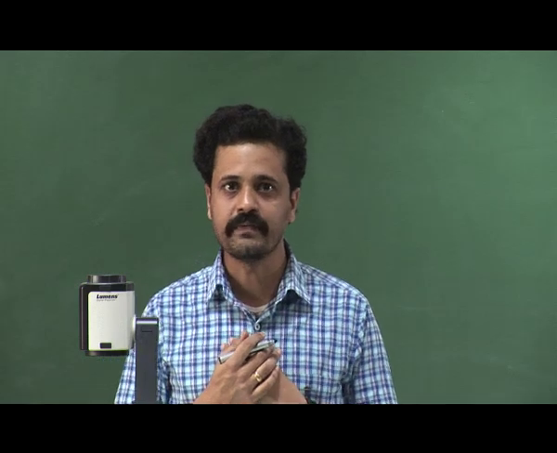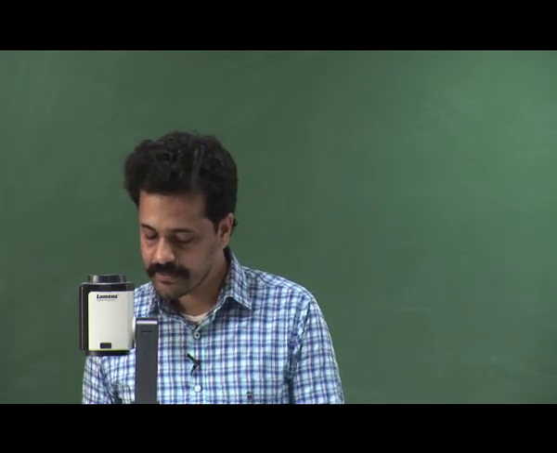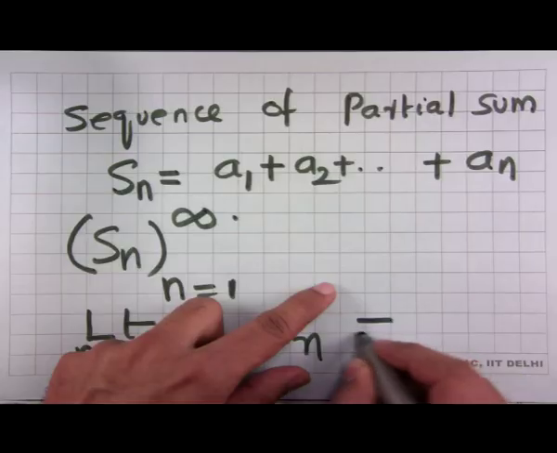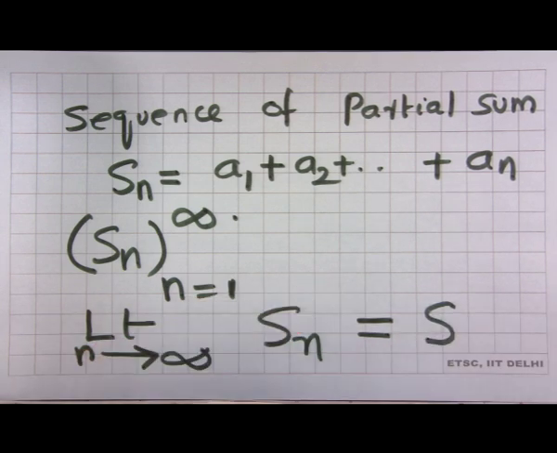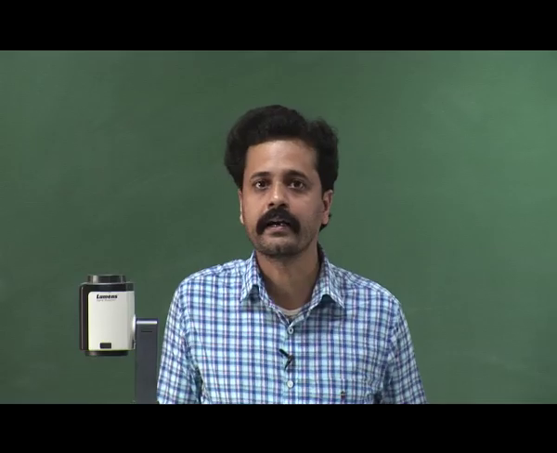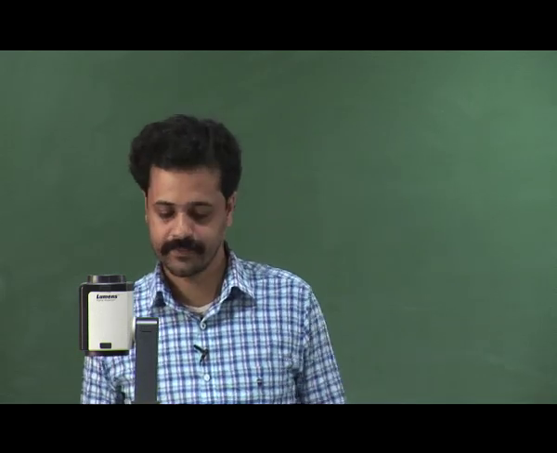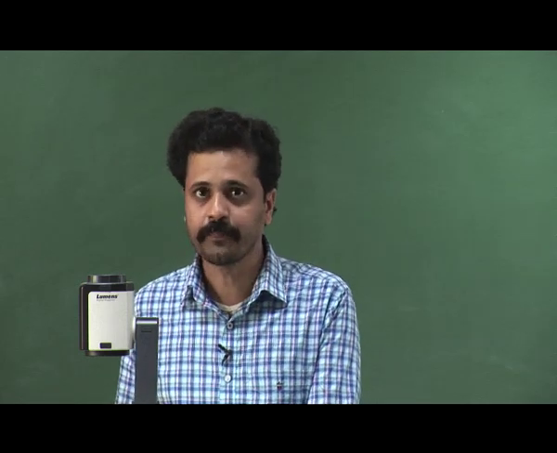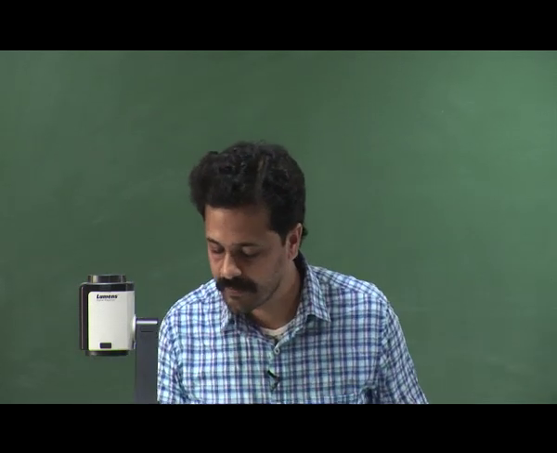That is what we investigate. If this limit exists and if it is S, then this S is regarded as the sum of that series, or precisely the value of the series.